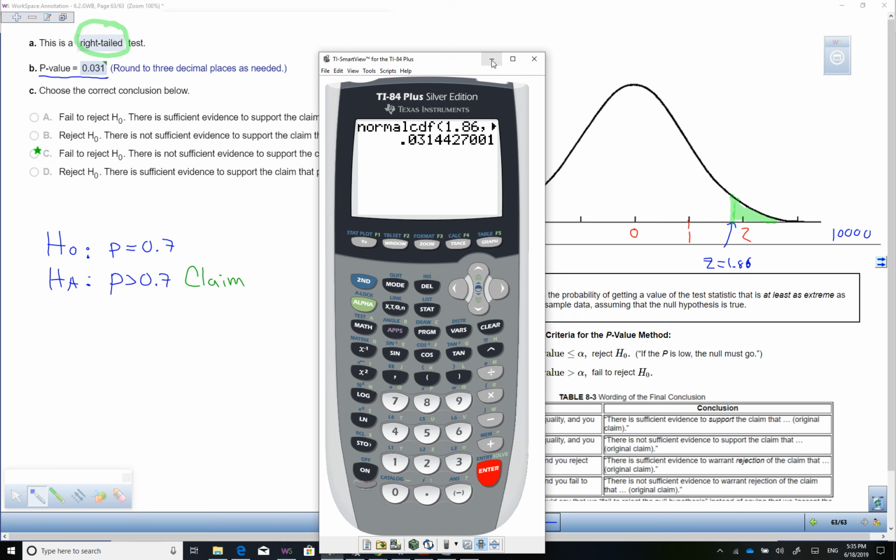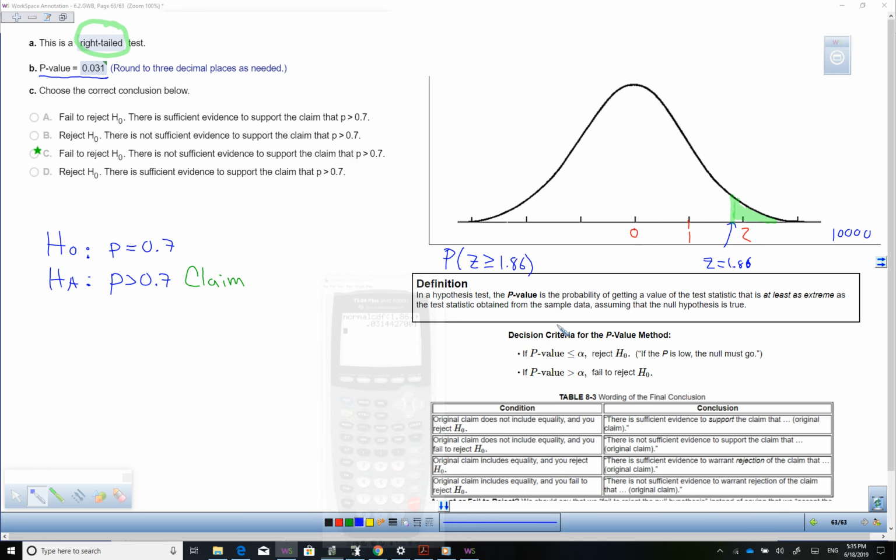Okay, so the next part, we have to decide if we reject or fail to reject the null hypothesis. Remember that this is the assumed value. So we have to decide if we reject that assumed value or we fail to reject. So this is the part that tells you how to make that decision. It says if the p-value is less than or equal to alpha, where alpha is the significance level given in the problem right here.